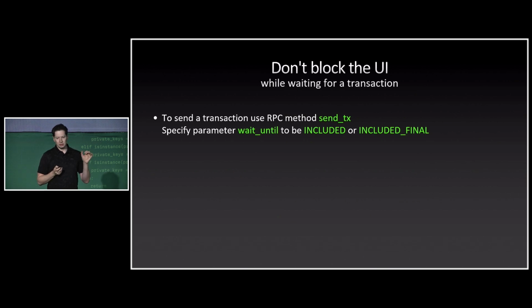This parameter specifies what RPC should do, and it has two options for you. One is included, which means the transaction was just included into the optimistic block. And included final means the transaction was included into the final block, with finality.